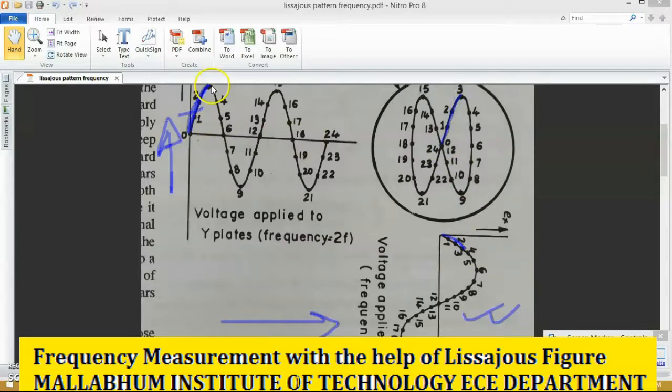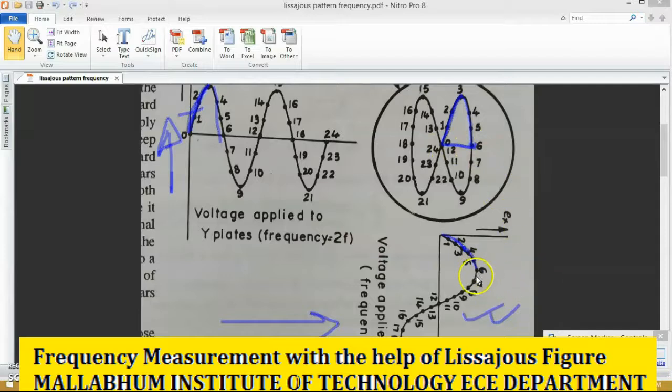It is increasing up to point 3 in both. Then from 3 to 6 the horizontal is increasing but the vertical is decreasing. Up to point 6 the vertical voltage is decreasing, that is the vertical voltage effect, and the horizontal voltage is still increasing, so it moves like that in that direction.